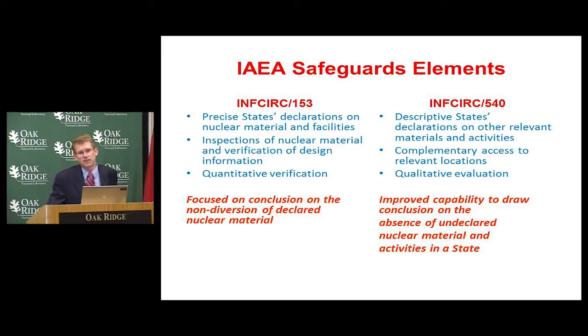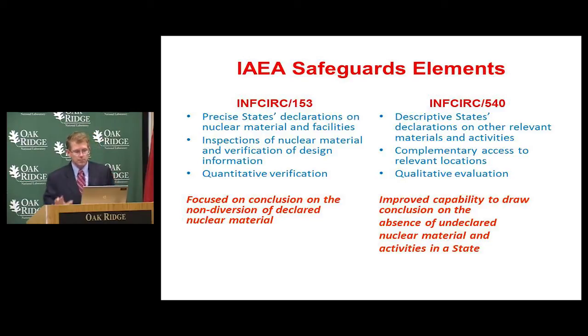It defines the agency's rights to be able to verify that information, and it provides these terms in terms of timeliness goals, significant quantities, detection quantities, etc. So it is focused on the agency being able to reach this independent conclusion that no material that has been declared to the agency has been diverted.